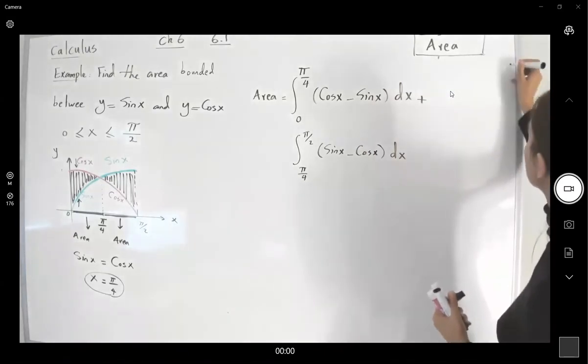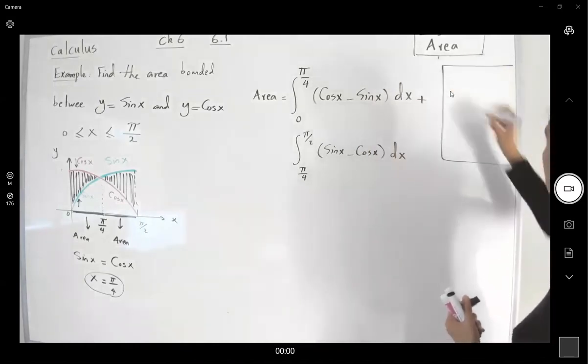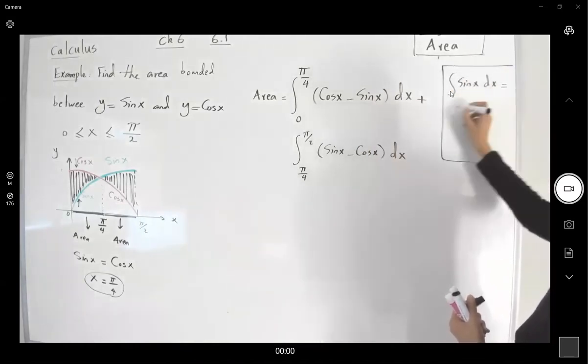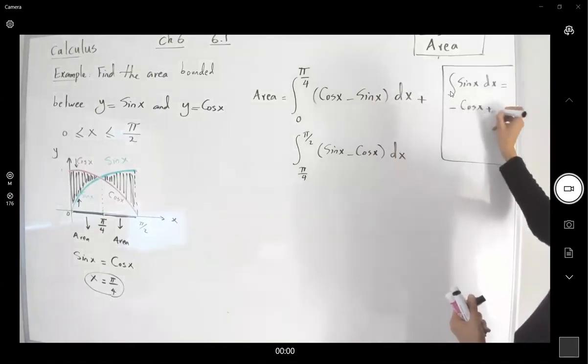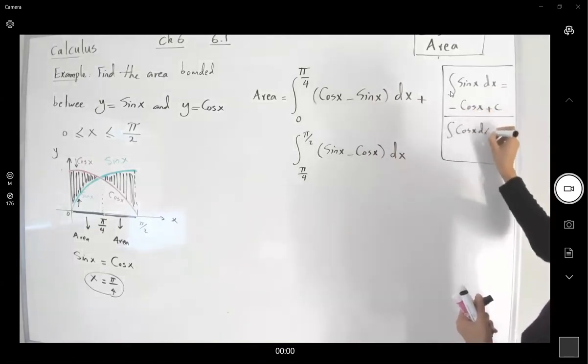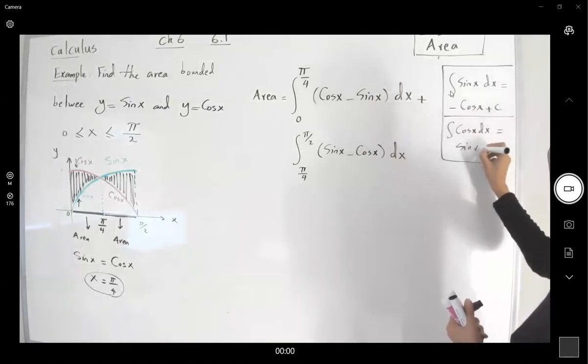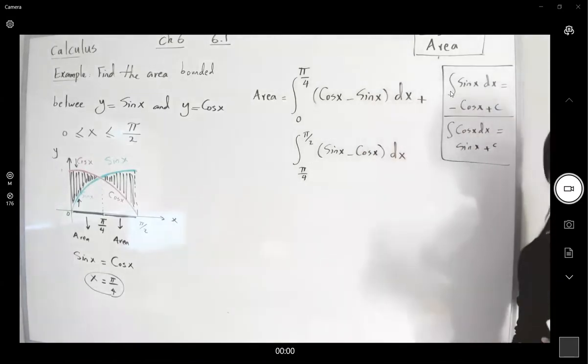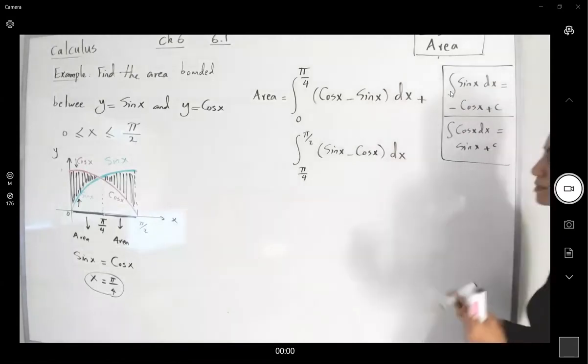So recall that the integral of sine x dx is negative cosine x plus c, and the integral of cosine x dx is sine x plus c. We're going to find each of these integrals and add the outcomes together.